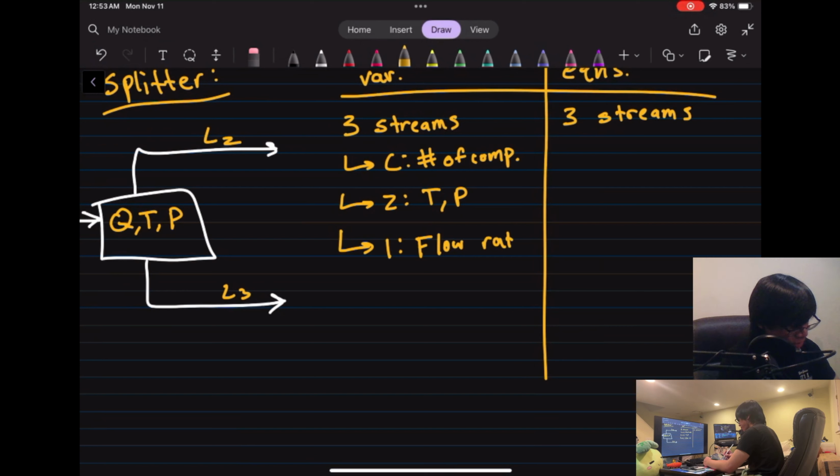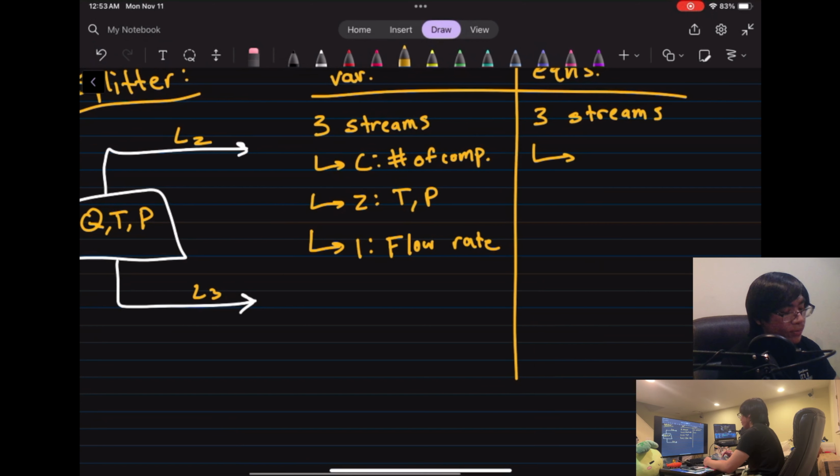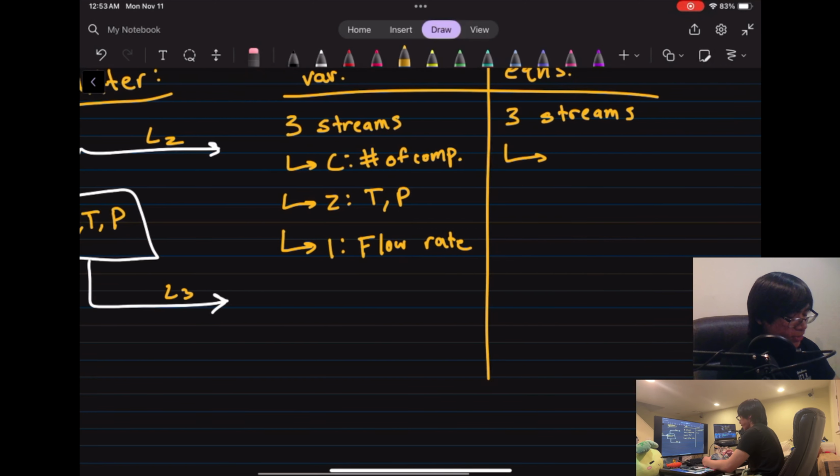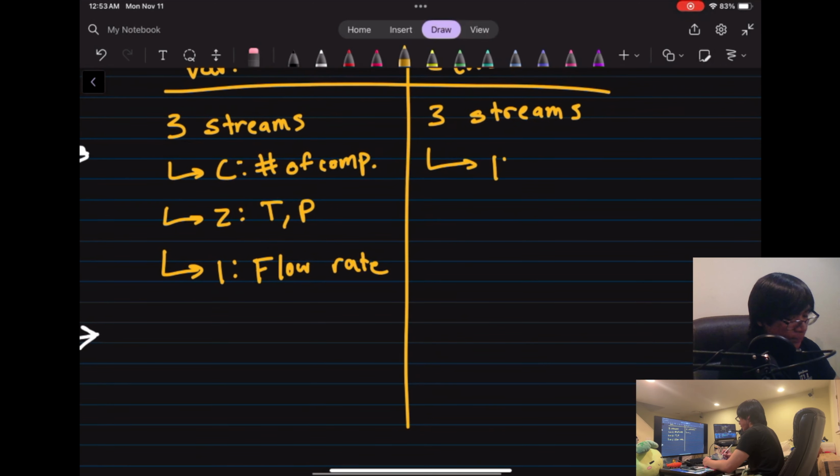And then with the streams on the equation side, we have the sum of all streams, so L1, L2, L3, the 1 stream going in and the 2 streams coming out, they all must have a sum of 1. And since that's how molar fractions work, they all have to be a fractional sum equal to 1.